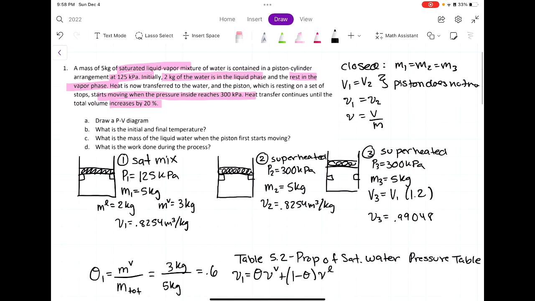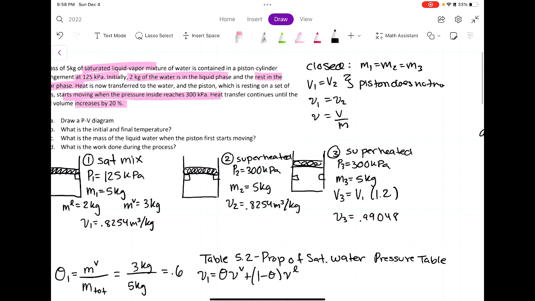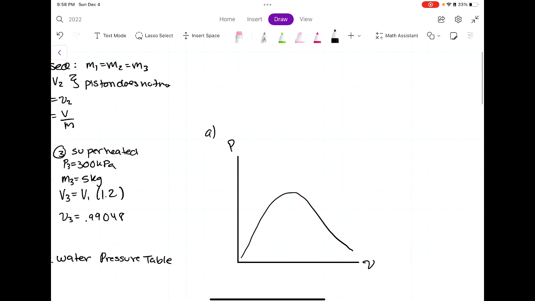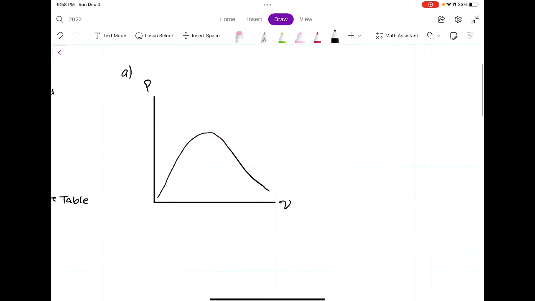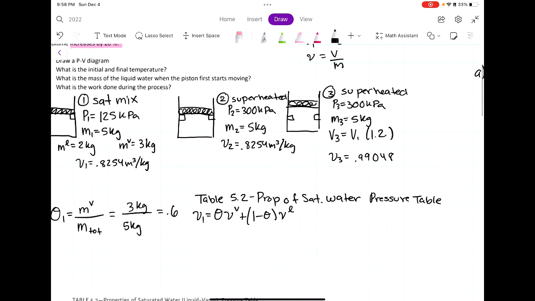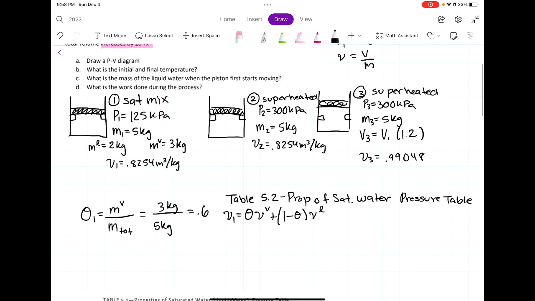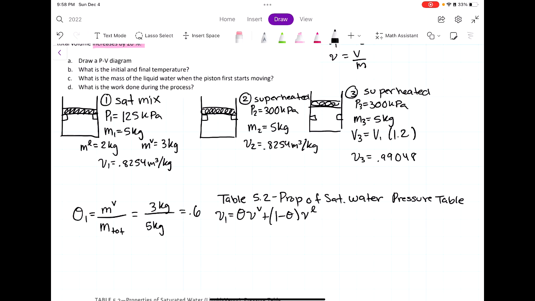Alrighty, perfect. So now that we have our phases, we're going to start answering question 1, which is draw a PV diagram, a pressure specific volume diagram. So here we are. We're going to look for our first point. In our first state, it's a saturated mixture. Quality is 0.6, so it's going to be a little bit towards the right.